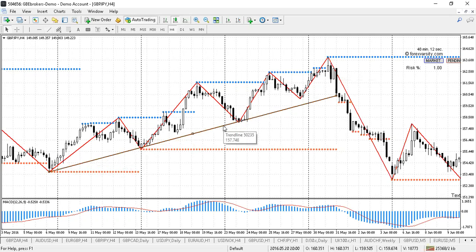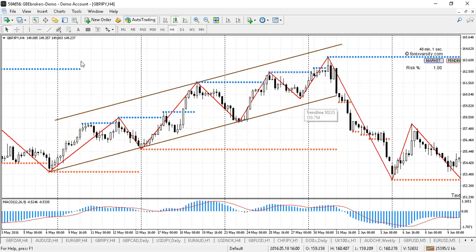And then what you expect to see is the highs touching the channel line and then retracing down to the trend line. So in other words, we would expect the high to hit this channel and then the low to come down and then the high to come up, so something like that.